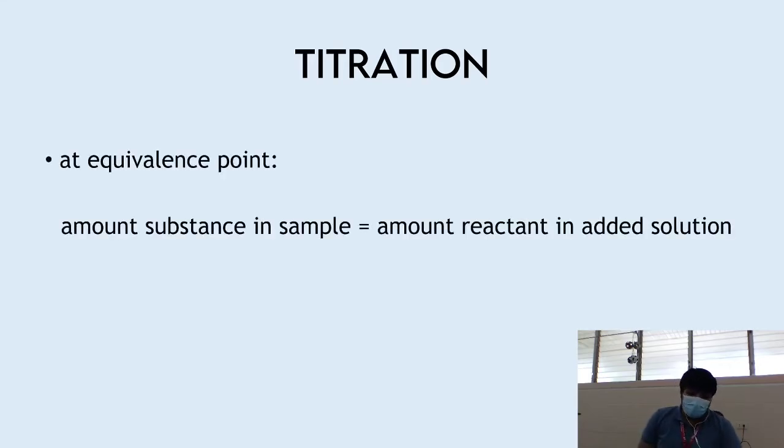Now the equivalence point. There is a point in our titration that we call the equivalence point. Now the equivalence point is actually theoretical. It's very, very difficult, if not impossible, to determine the actual equivalence point of a titration. It's a theoretical point in which all of the analyte in the sample has already reacted with the standard solution that was added into the sample.